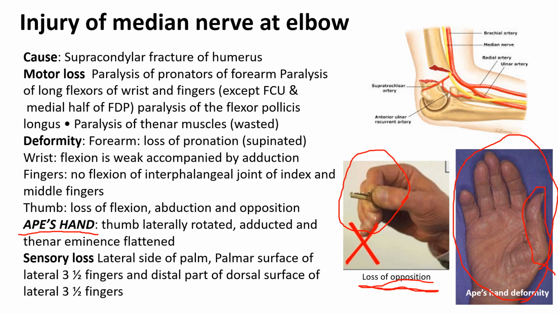Because there is no abduction, because we've lost the abductors, the abductor pollicis longus, and the abductor pollicis brevis in the thenar eminence. There will be also wasted thenar eminence. This will give us the appearance of ape's hand. That's why it's called ape's hand deformity.